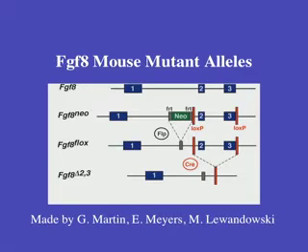Here's the wild type allele. This is called the neo allele that expresses about 30% the normal amount of FGF-8. Then there's a floxed allele that has 2 LoxP sites which enable us to delete exons 2 and 3 using Cre recombinase to generate the FGF-8 delta 2,3 or deletion allele.